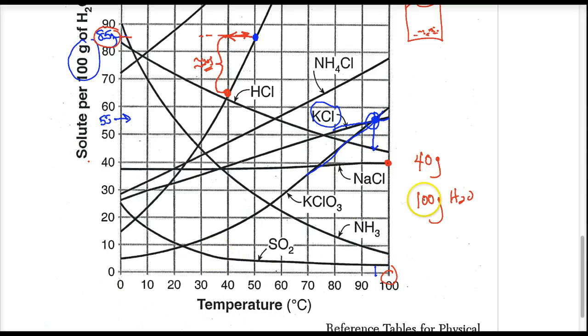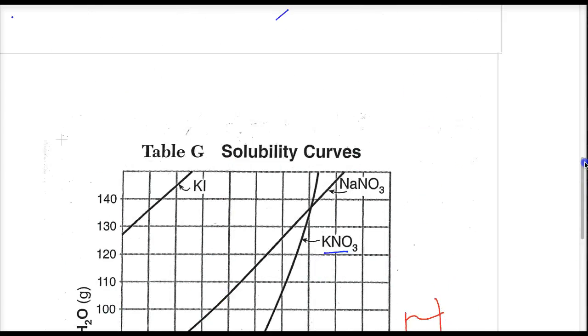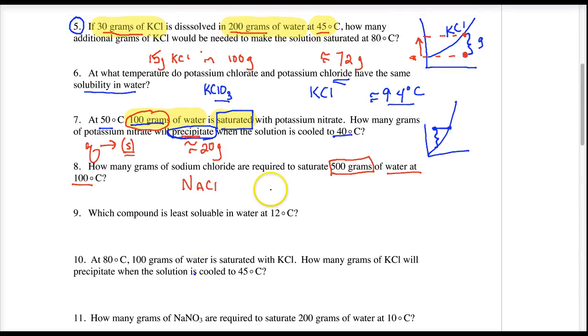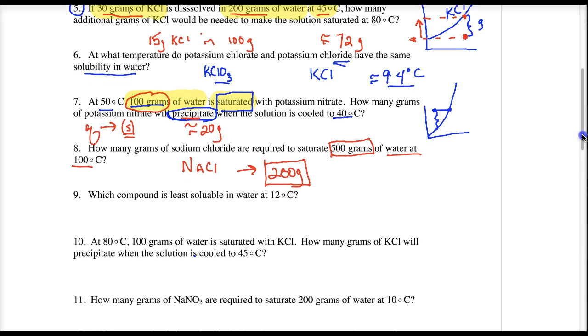How much would dissolve in 500, which is 5 times the amount? 5 times 40. Do I have to write a ratio? If you want, 40 to 100 is to x to 500. Clearly, we're increasing 5 times, so 5 times 40, 200 grams is our answer here. The water is 5 times the amount at the same temperature, so solubility will be also, since it is the water doing the dissolving.